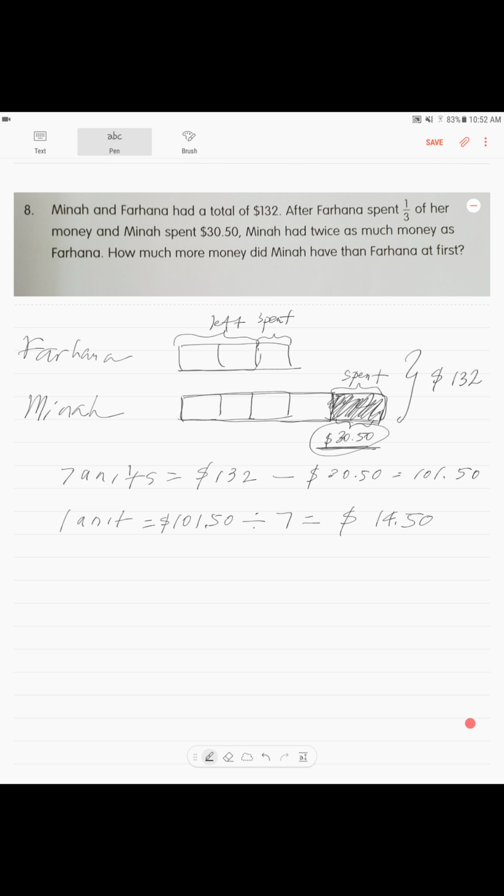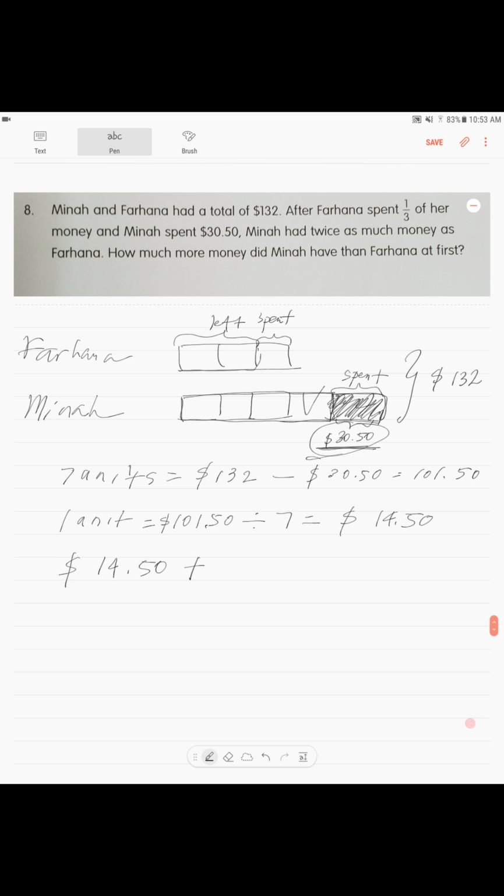Okay? So they ask the question, how much more money did Mina have than Farhana at first? Right? So they're basically asking us about this extra unit that Mina had and this money that she spent more, right? We just found the 1 unit. 1 unit is $14.50.